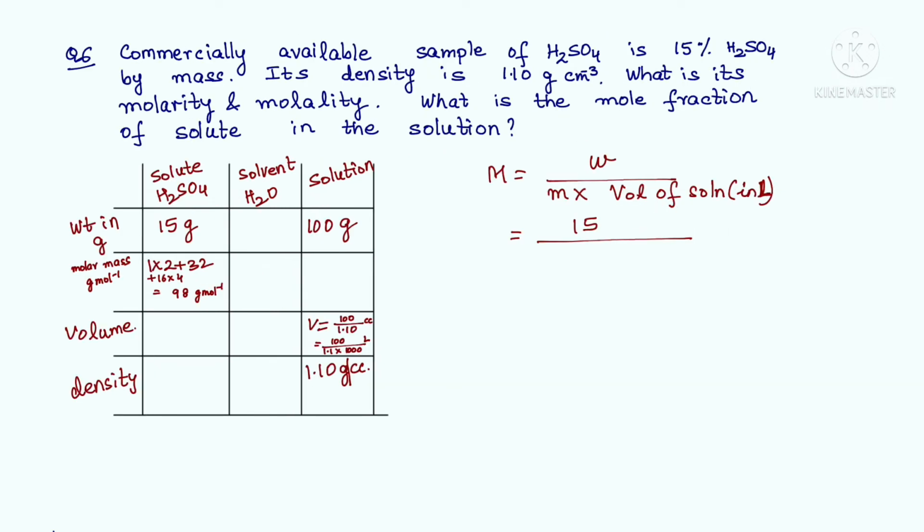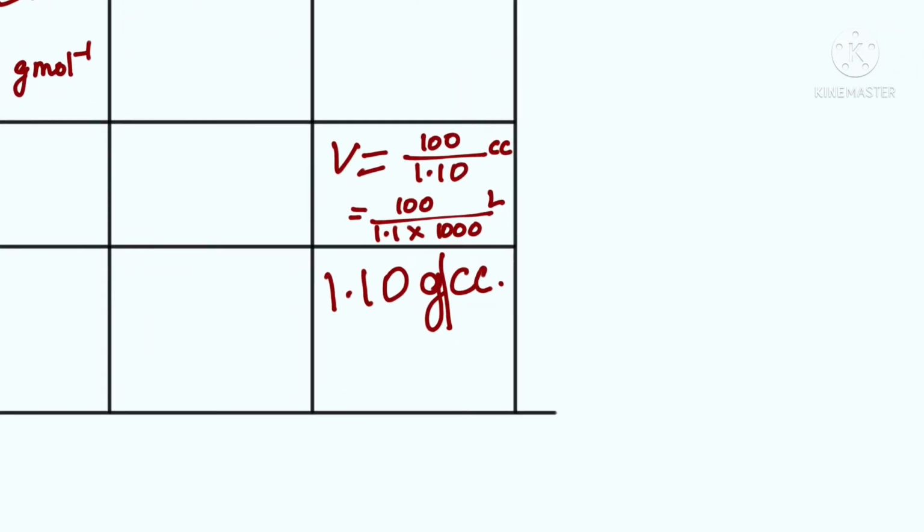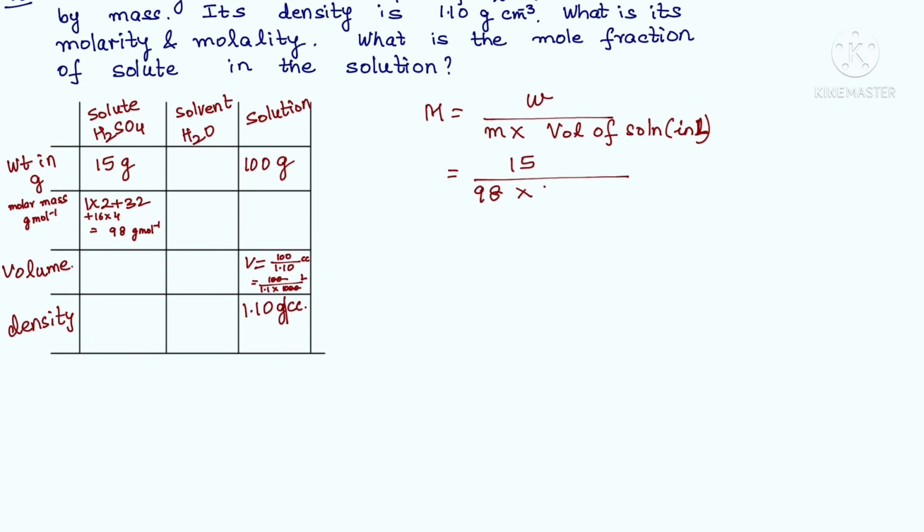So the molar mass is 98, volume of solution in liters. So if you see over here, we are left with 1/11, and 11 goes into the numerator, and we will have our answer as capital M, molar solution. Gives me a value of 1.684 molar. Please check.